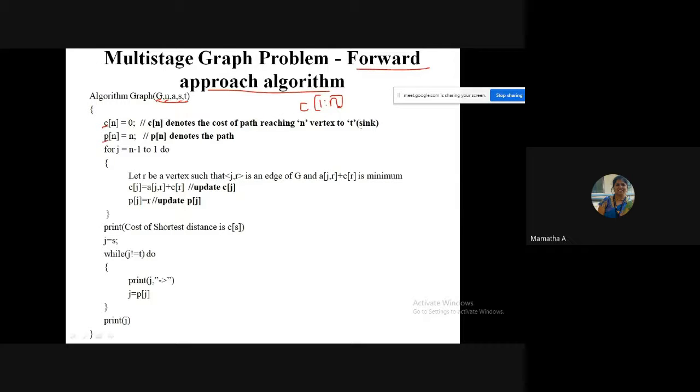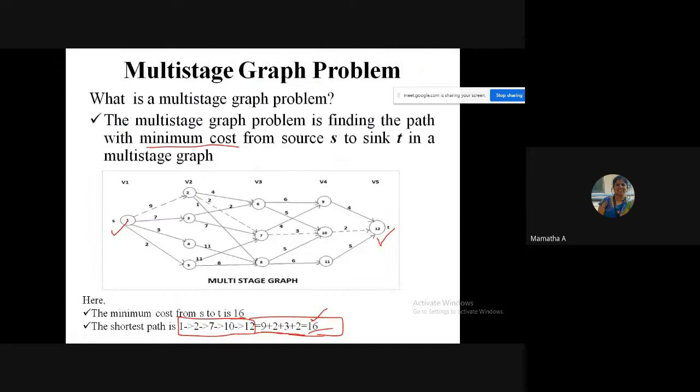Remember. So first I'll have to initialize the C array. C of n equals 0. And you all know that this n will always be your sink node. The last node will usually be your sink node. That's how we name it usually. So you can see in the example here also, the last node is your sink node.